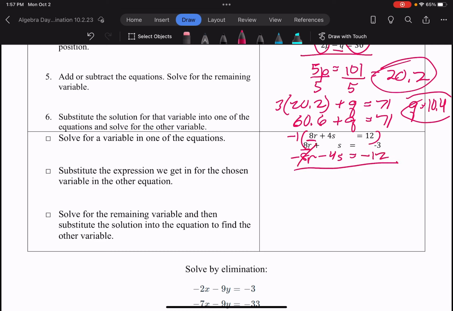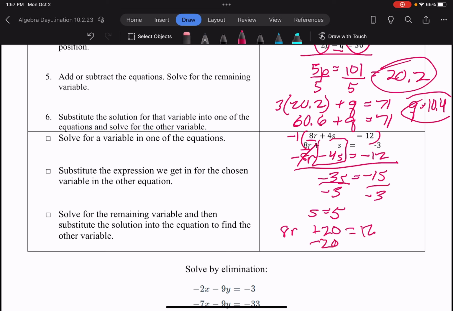Now this will cancel out, and I can combine these, which is negative 3s equals negative 3 and negative 12 is negative 15. Divide both sides by negative 3. We get s equals 5. I can plug that in above, and I get 8r plus 20 equals 12. Subtract 20 from both sides. We get 8r equals negative 8. R then equals negative 1.